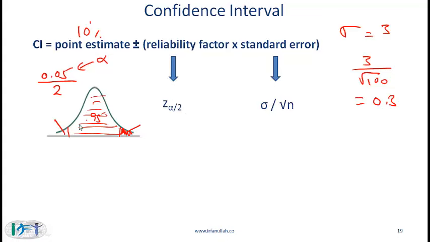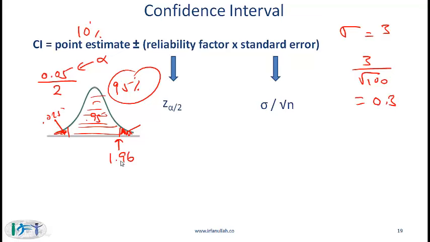If you look at your Z tables and you have a situation where 0.95 is in the middle, this is 0.025, and this is also 0.025, then you will notice that the Z value, which corresponds to a cumulative frequency of 0.95 plus 0.025, is going to be 1.96. So for a 95% confidence level, the corresponding Z value given a normal distribution is 1.96.